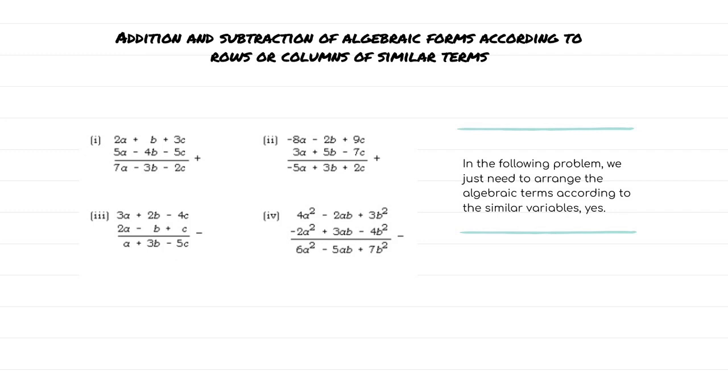Example: 2a plus b plus 3 plus 5a minus 4b minus 5c is 7a minus 3b minus 2c. In this problem, we just need to arrange the algebraic terms according to the similar variables.